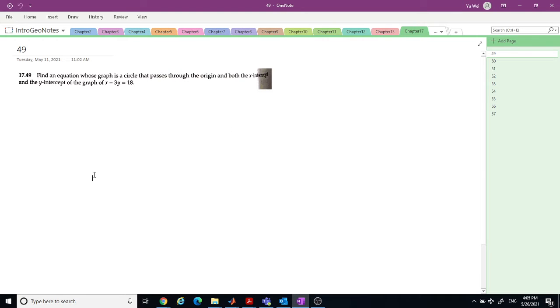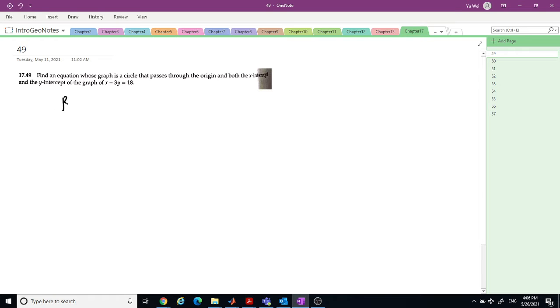Okay, today let's move on to solve the challenge problem of chapter 17, analytical geometry. We analyzed geometry problems by putting them into coordinates, converting the problem into algebra.